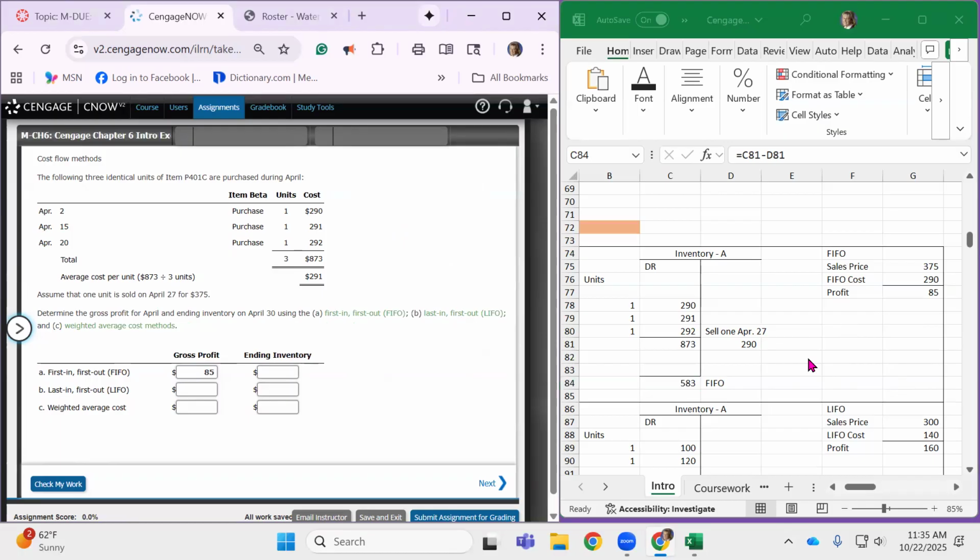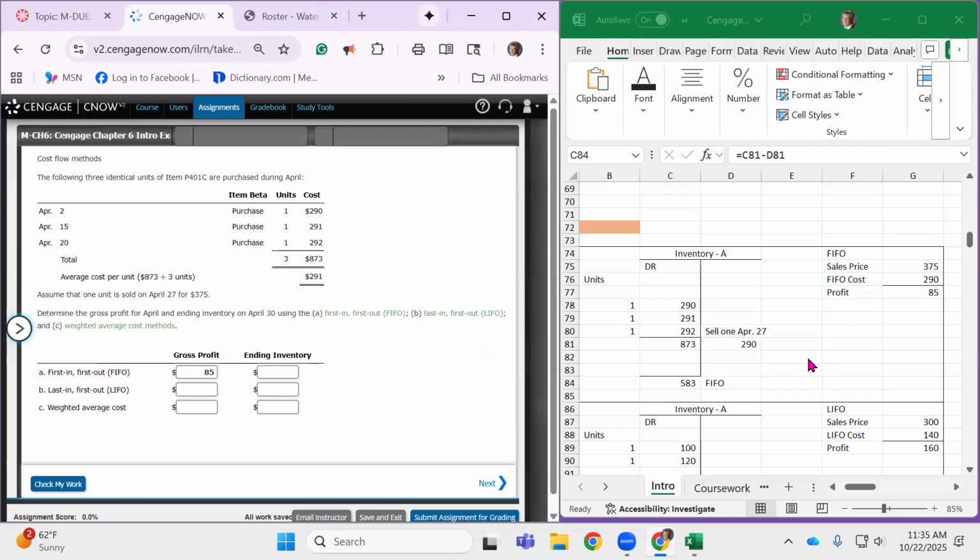Gross profit is sales minus cost of goods sold. That's what gross profit is. It's a subtotal, all right? So if our sales are $375 each, and we used first in, first out as the cost, we have an $85 gross profit on that first one. Then they want to know how much we still have in inventory.